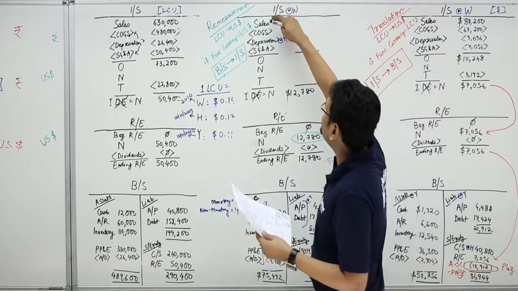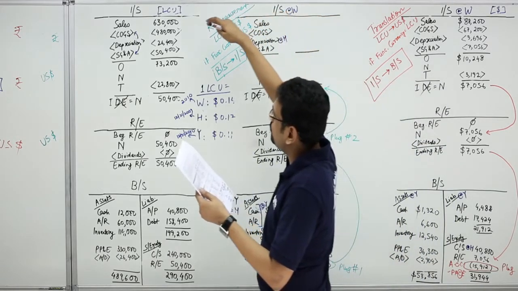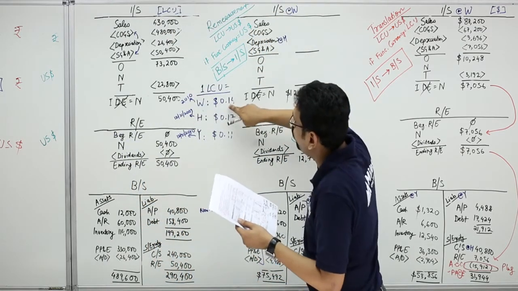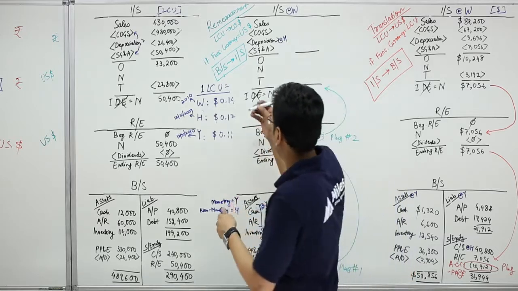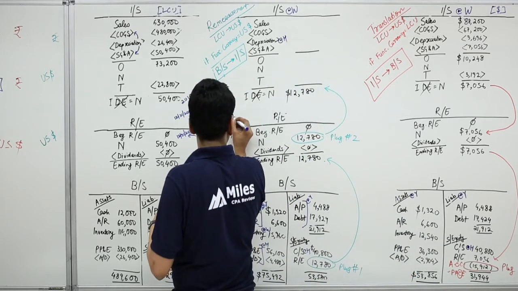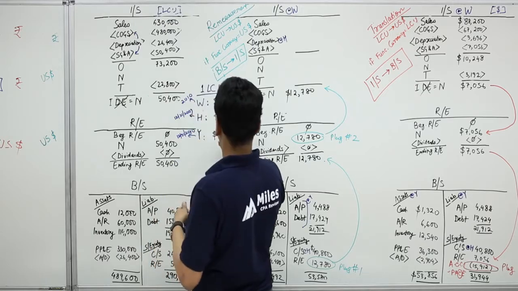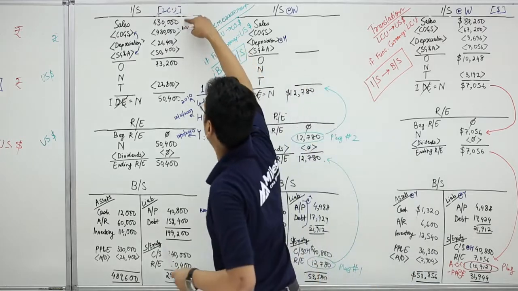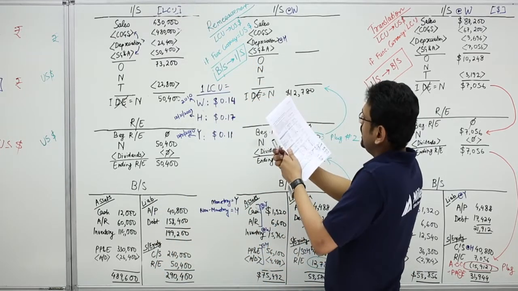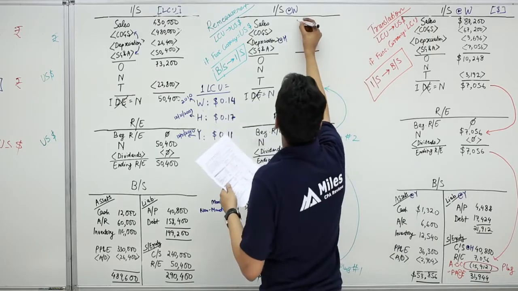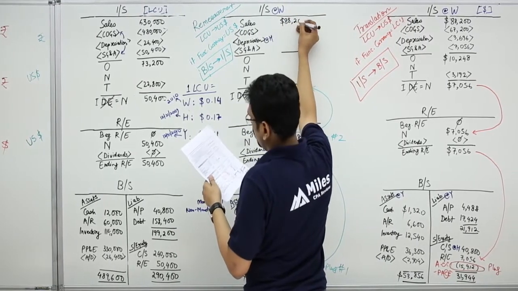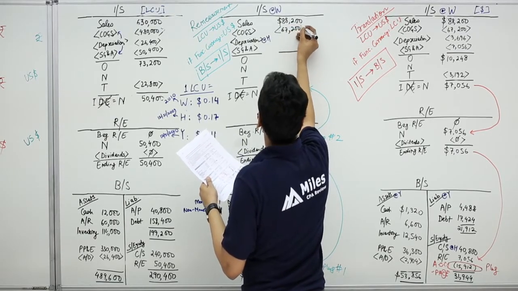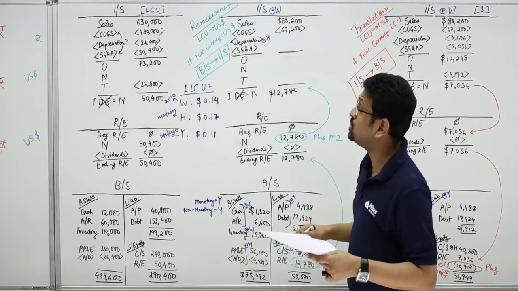So sales, weighted average. You have sales of 630,000 local currency unit, which is going to be multiplied by 14 cents, the weighted average. Let me write it here. 630,000 local currency unit into 14 cents gives me 88,200, same number as we have there. COGS is 67,200. Again, we're using the weighted average. For depreciation, we're going to use historical rate.